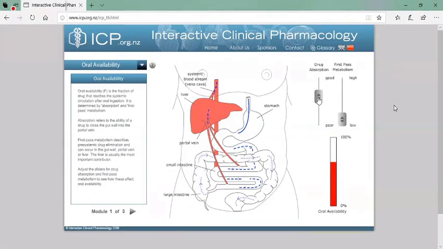So in the oral route, take a very good drug with nothing wrong with its pharmacokinetics. It is highly lipid soluble, it matches all the criteria of drug absorption. It has low molecular weight, high lipid solubility.